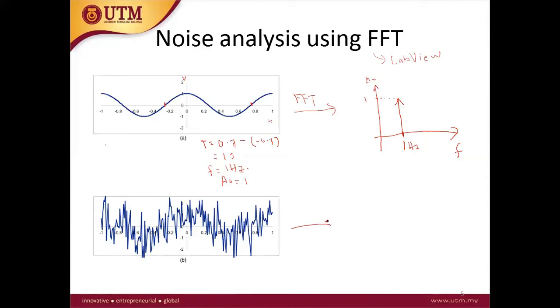If we perform the fast Fourier transform, we can expect that the original component A0 will of course be there, but it will contain other components, which is the noise. If the noise is very severe, the amplitude of the noise will exceed the original signal.